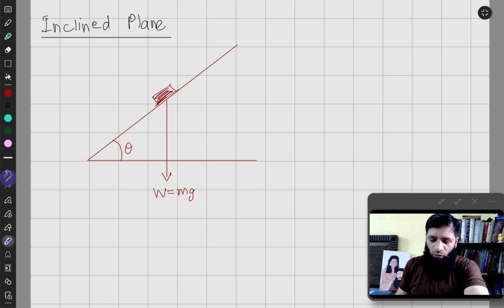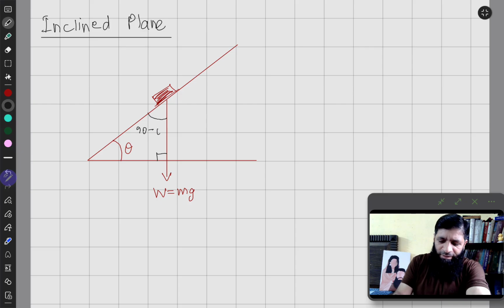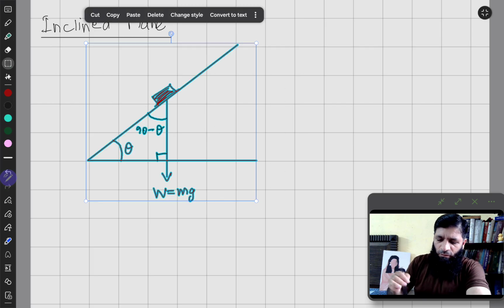First of all, let's talk about the components of weight. You can see that this is a right angle triangle, and this angle will be 90 minus theta. Now if you rotate this diagram, then we can find the components of weight.